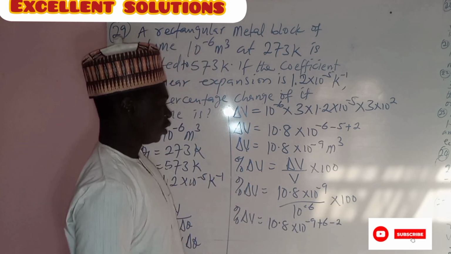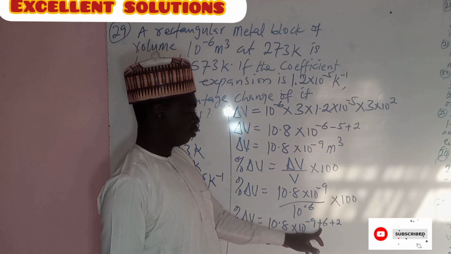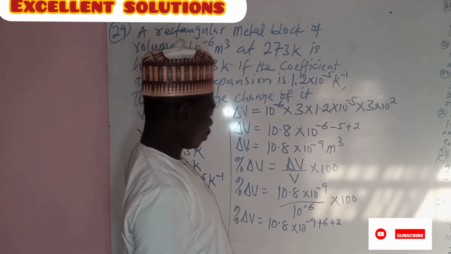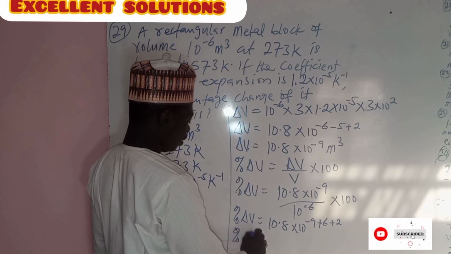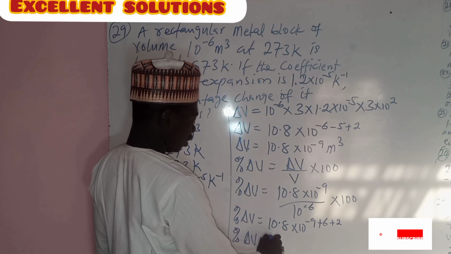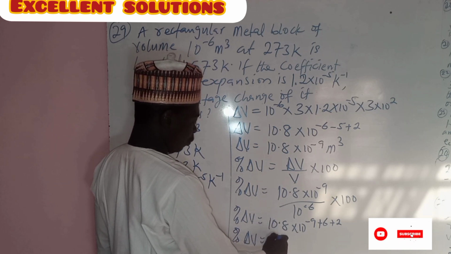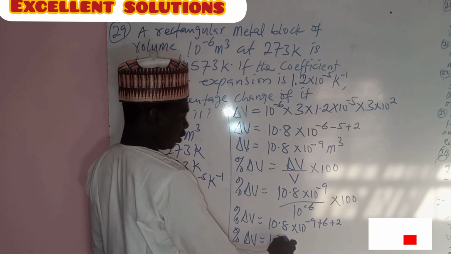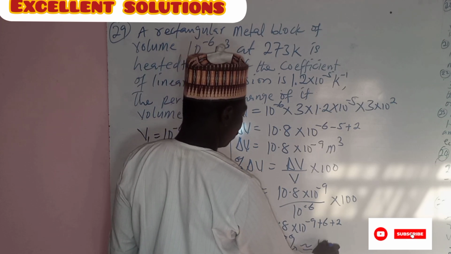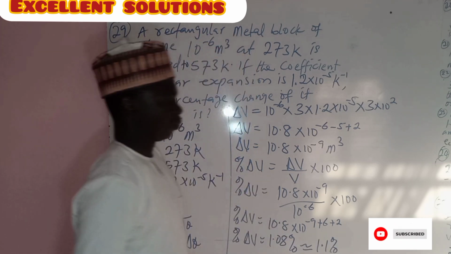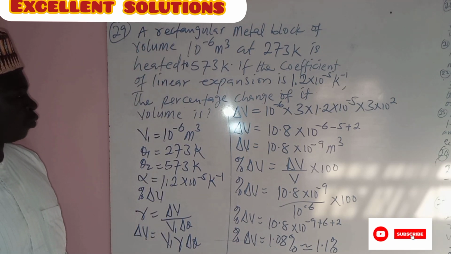We have plus 2. So 9 minus 9 plus 6, we have minus 3. Minus 3 plus 2, we have minus 1. So this now becomes percentage delta V is equal to, we take this one backward to compensate, we have 1.08 percent, and this is approximately equal to 1.1%. And if we look at our options, in option B we have 1.1%.